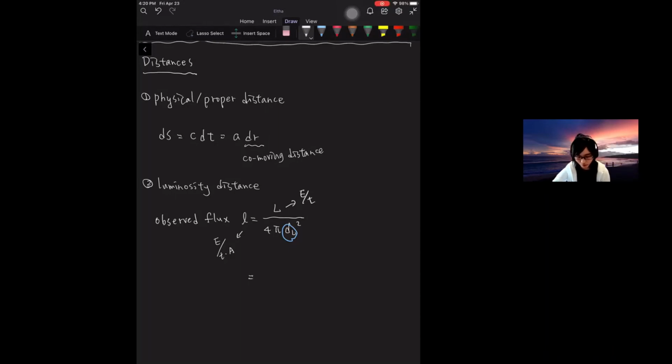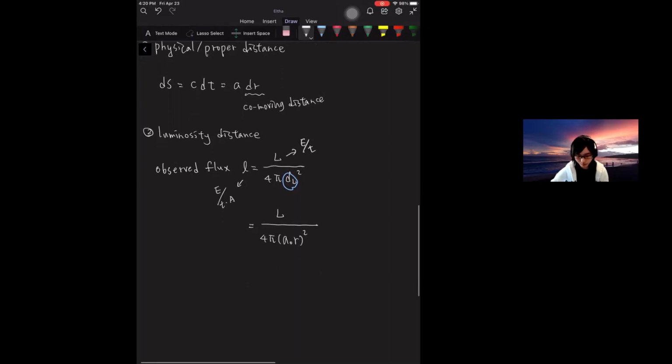If we rewrite this equation, we have the luminosity divided by 4 pi, and for the distance we introduce the proper distance. We should consider the expansion of the universe, so it should be the scale factor multiplied by the co-moving distance. So we have (a0 r) squared for the distance, but we also need to make some corrections due to the cosmic expansion.